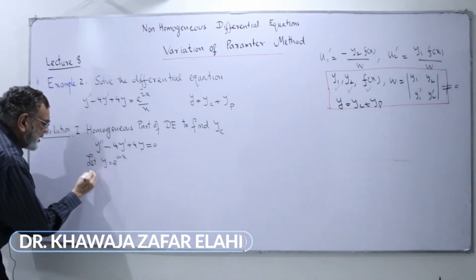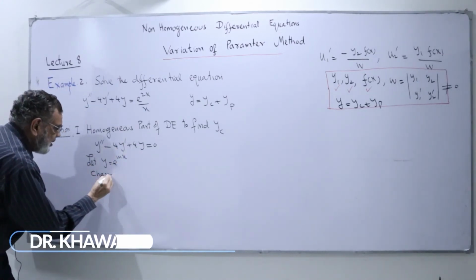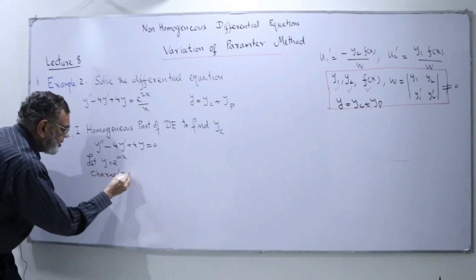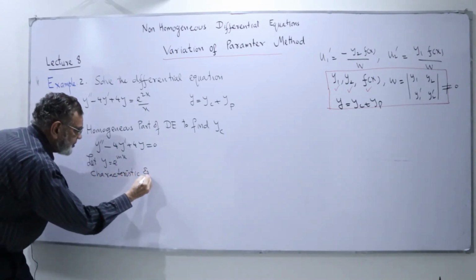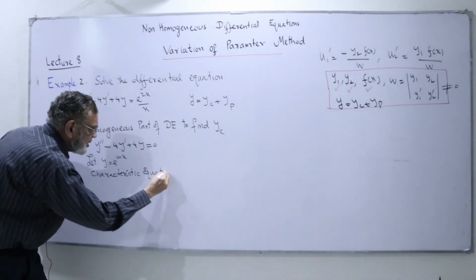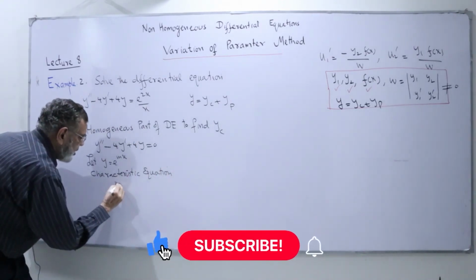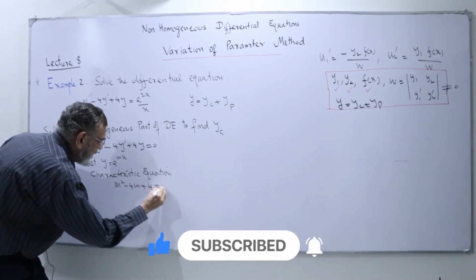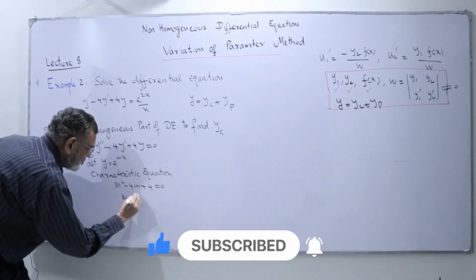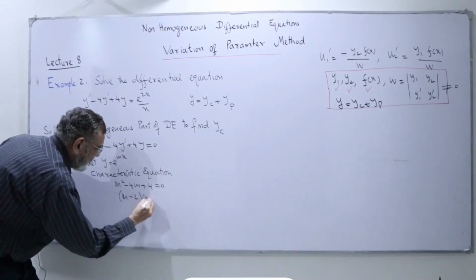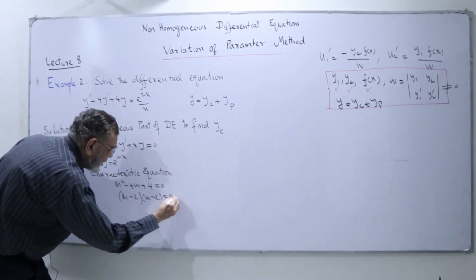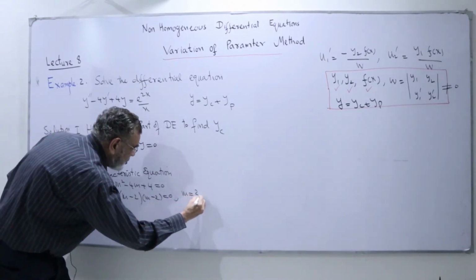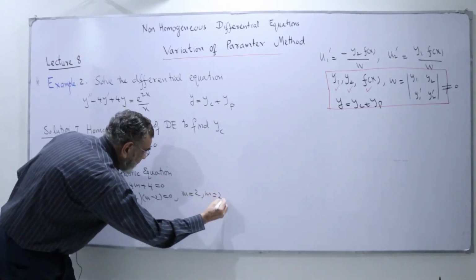Substituting this, we get the characteristic equation m square minus 4m plus 4 equal to 0. Factorizing, we get m minus 2 into m minus 2 equal to 0, so we get the repeated roots m equal to 2 and m equal to 2.